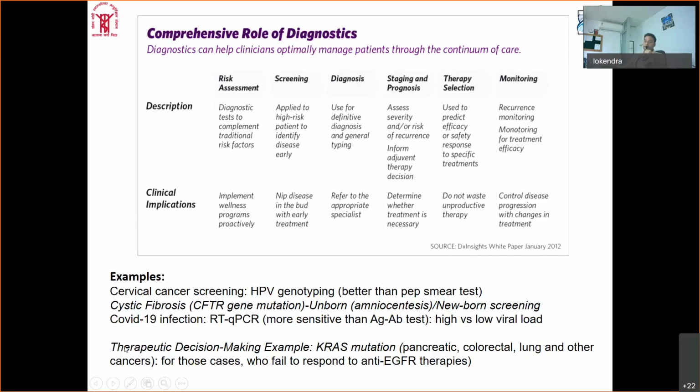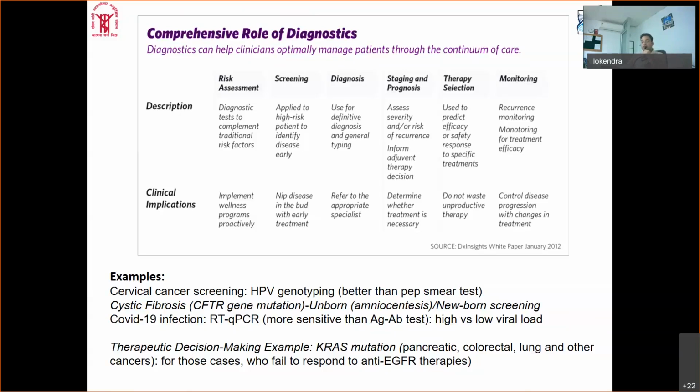In addition to that, there are various examples in which these molecular tests can help in deciding therapies, that is, what kind of therapy should be given to the patient. For example, in pancreatic cancer, colon cancer, or lung cancer, there are specific therapies targeted to EGFR receptors, because in metastatic cases the EGFR receptor is upregulated.